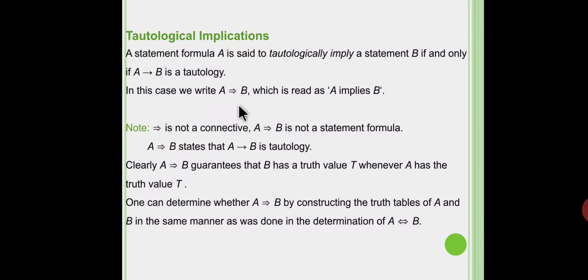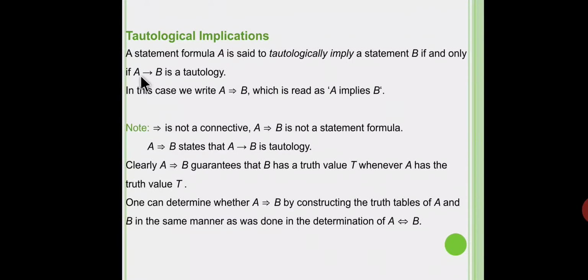In this case, we write A implies B, which is read as A implies B. So A implies B means a statement formula A is said to tautologically imply a statement B if and only if A implication B is a tautology.